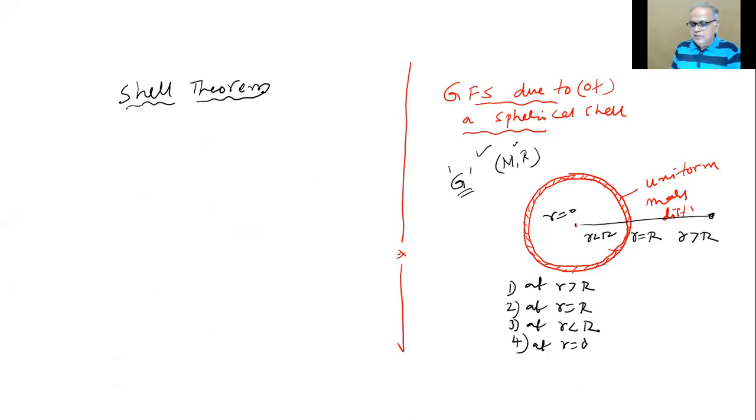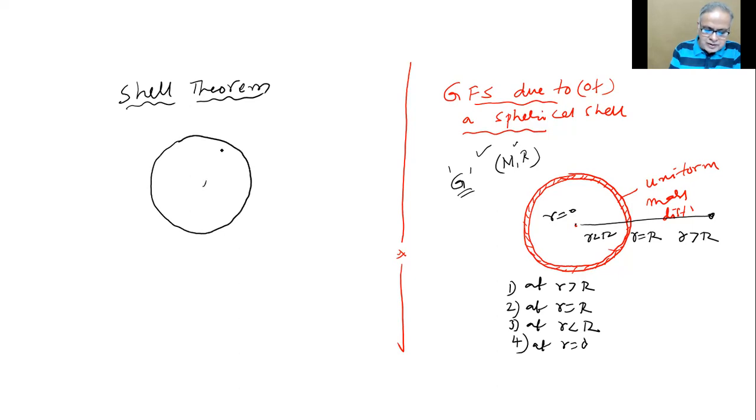In fact, the way to derive this is from the inverse square law, but that requires some mathematics, some integration. What kind of maths you may require? Listen to me.